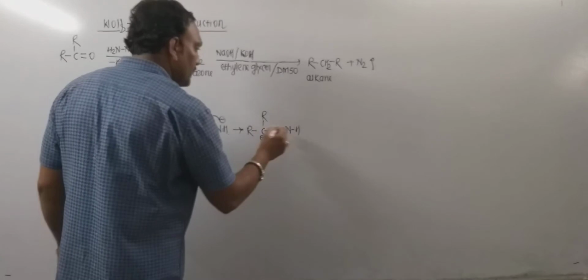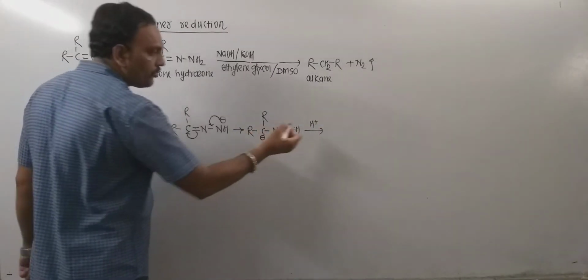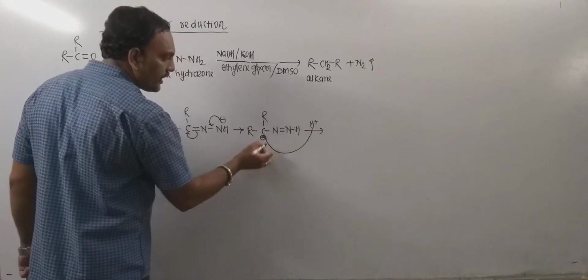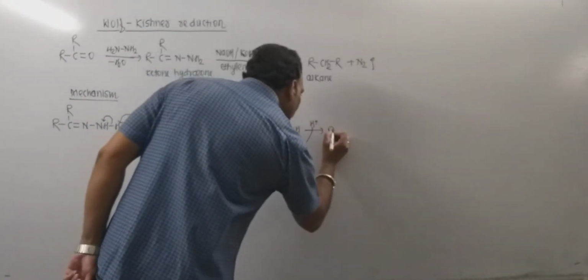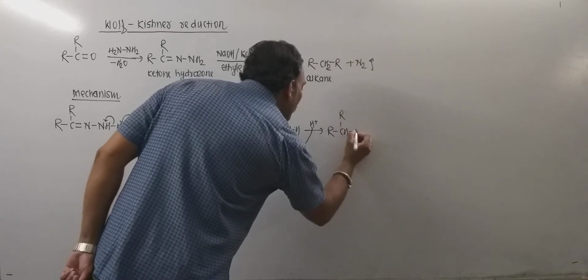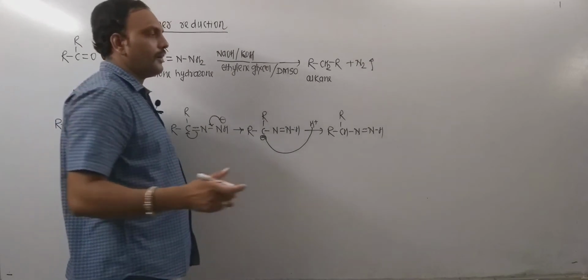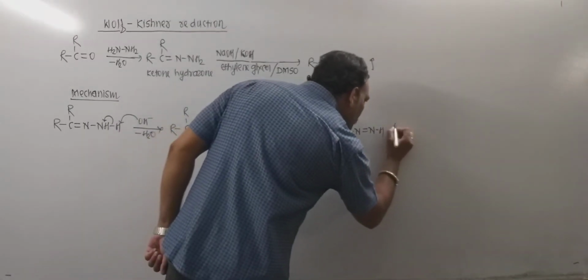Now protonation takes place. This proton attacks the carbon, and that leads to the formation of the next intermediate product.